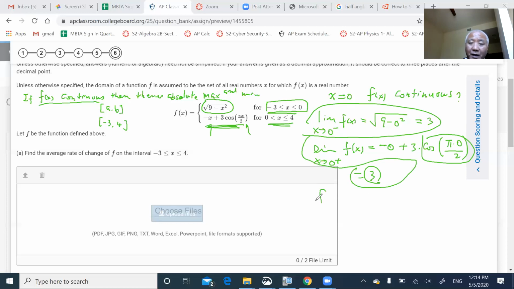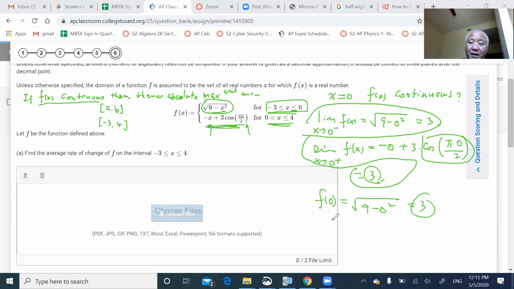And then we put f(0), the value of the function. So we're going to check on the value of the function right now. f(0), because 0 has the equal sign here, so you use this piece. So it still equals square root of 9 minus 0 squared, which equals 3. You see, the left limit at 0, the right limit at 0, and the value of the function at 0, all of them are the same.